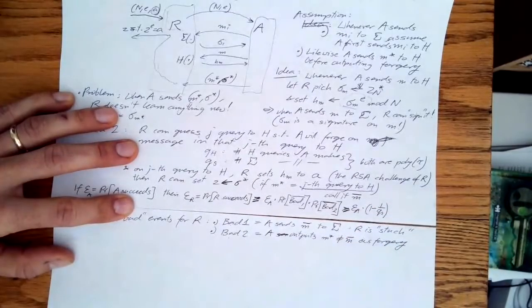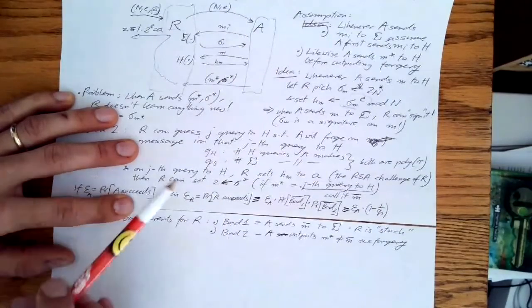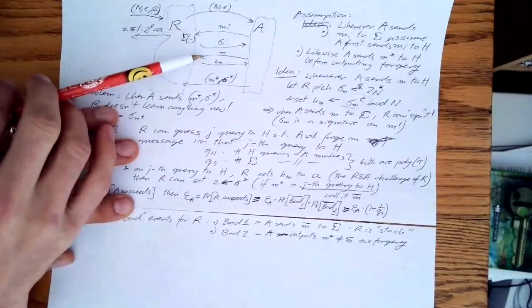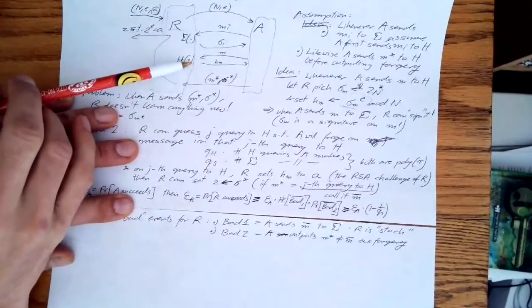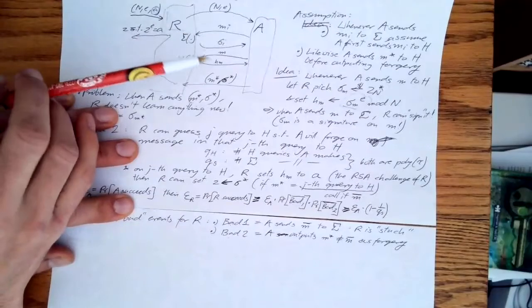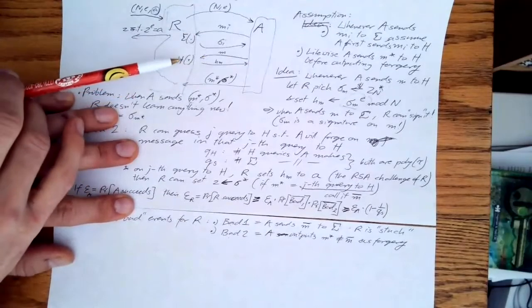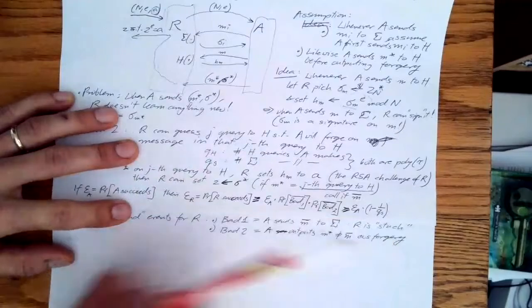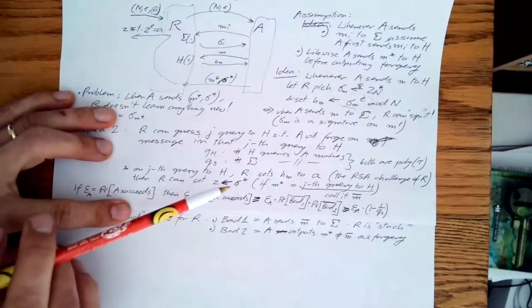No. So, okay, I have this fixed query here, which I want the adversary to avoid. First of all, he doesn't know what index J is. Why doesn't he know?